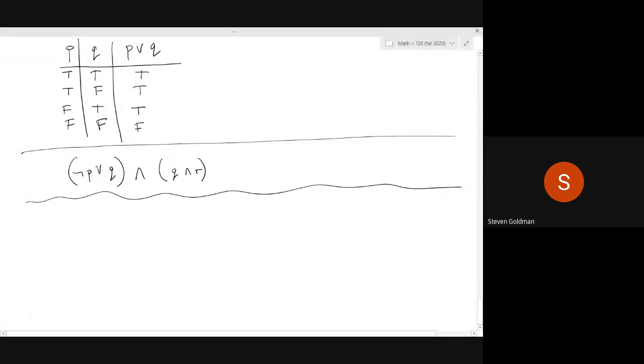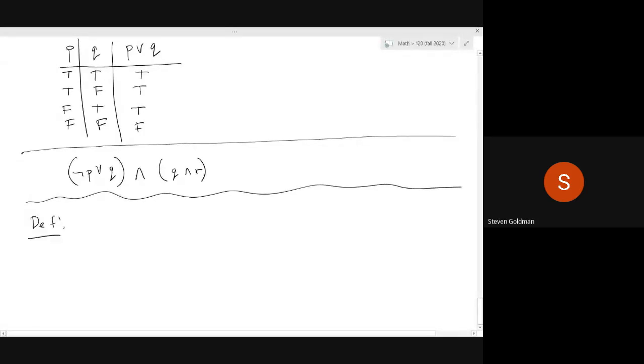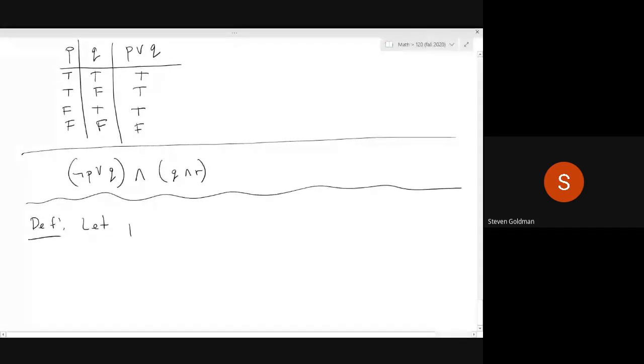All right, so let's now move on to the next type of compound proposition. The next one we're going to discuss is known as a conditional statement, also called an implication. Okay, so let me give you the definition for that. All right, so let P and Q be propositions.